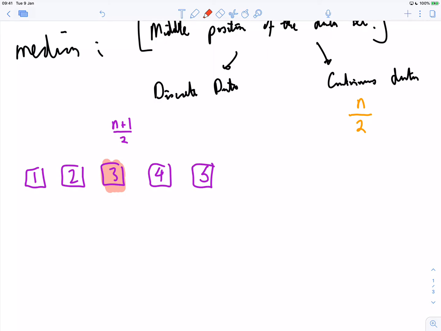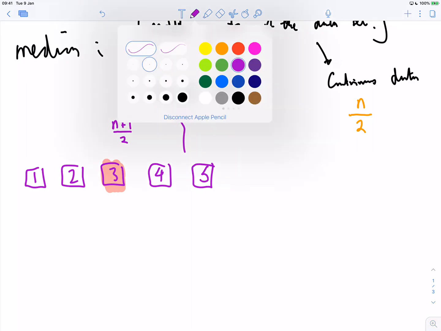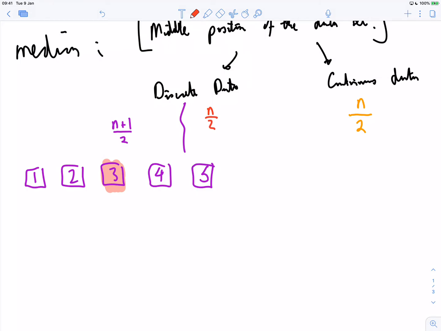So if I wanted to find the median for discrete data, they're saying that I should divide n by 2, so no n plus 1 stuff. And if this is a whole number, then the median is halfway between this and the next number.